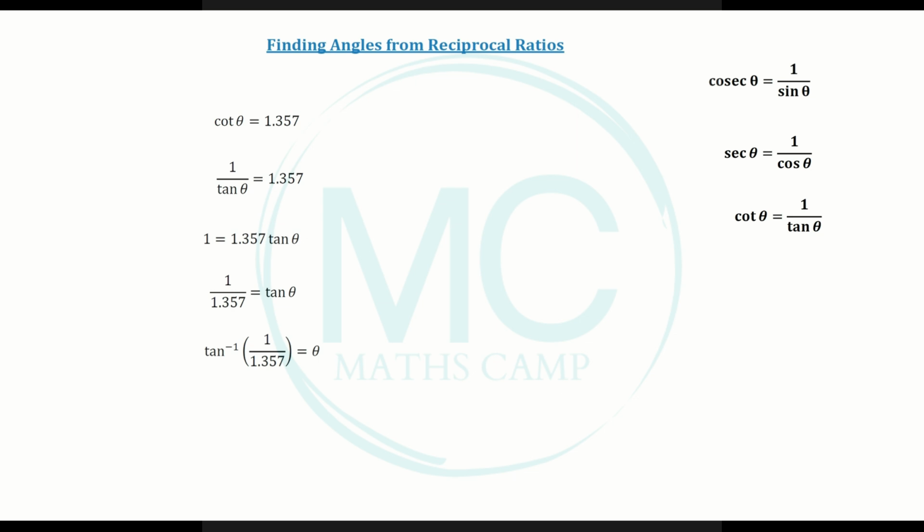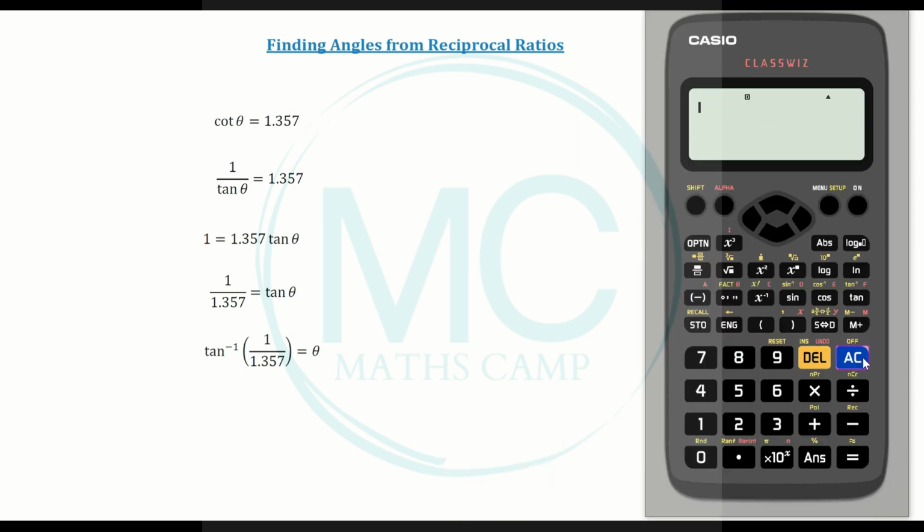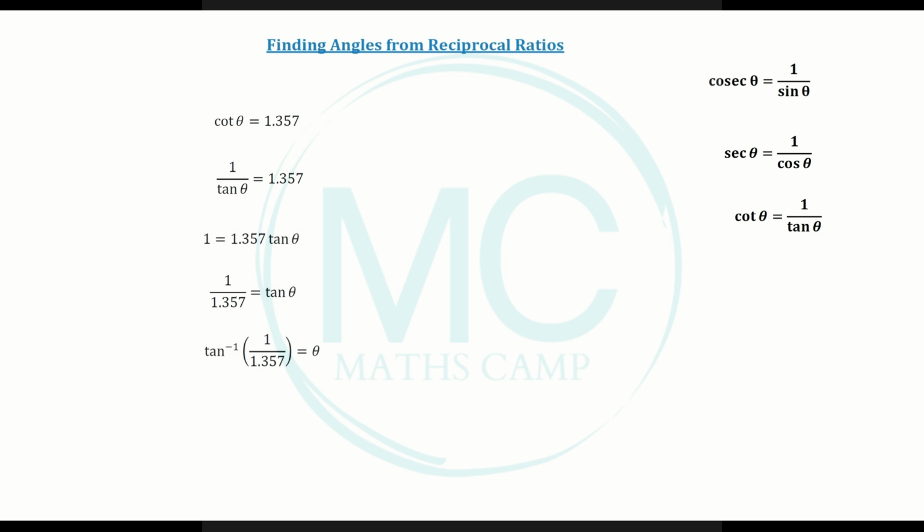So now we can take our calculator and we say shift tan, 1 divided by 1,357, close the bracket, is equal to 36,387. Now we can round off to 2 decimal places and we get an answer of 36,4 degrees.